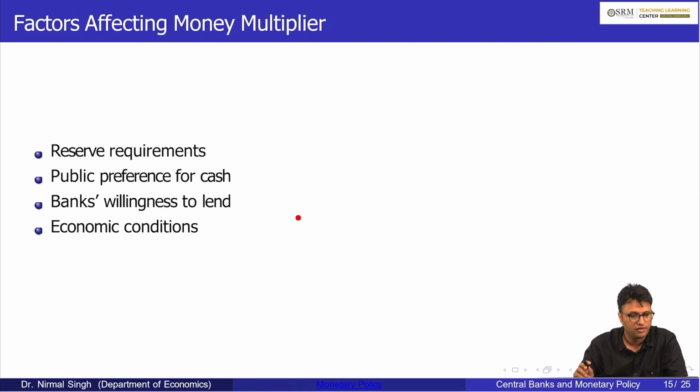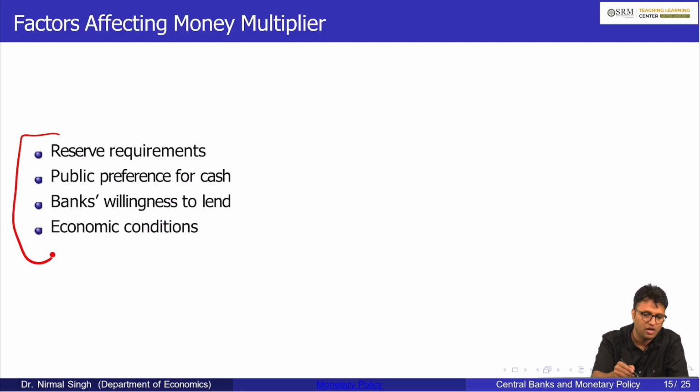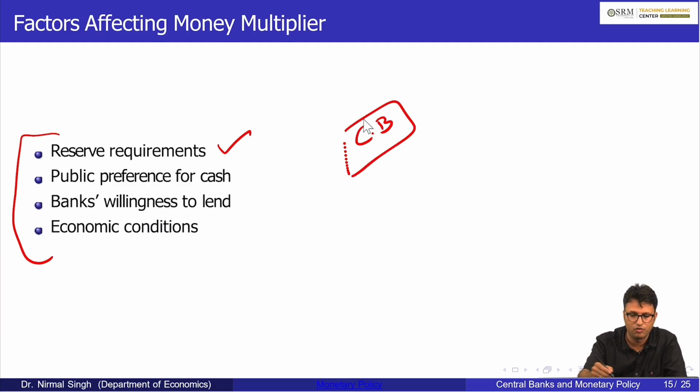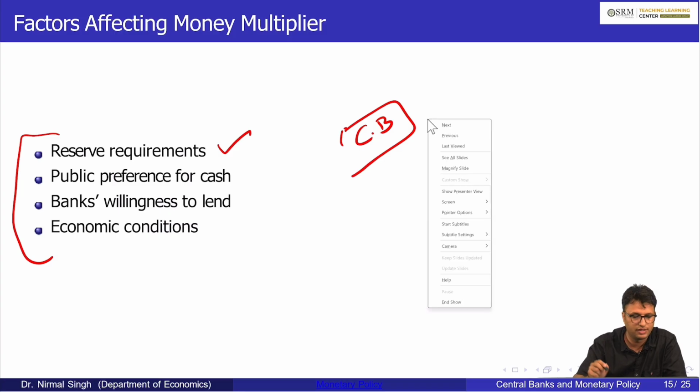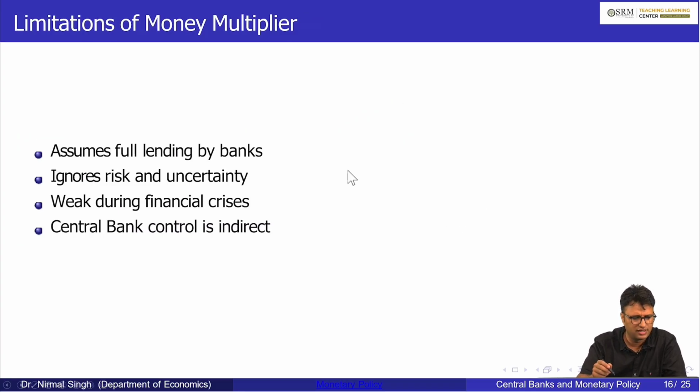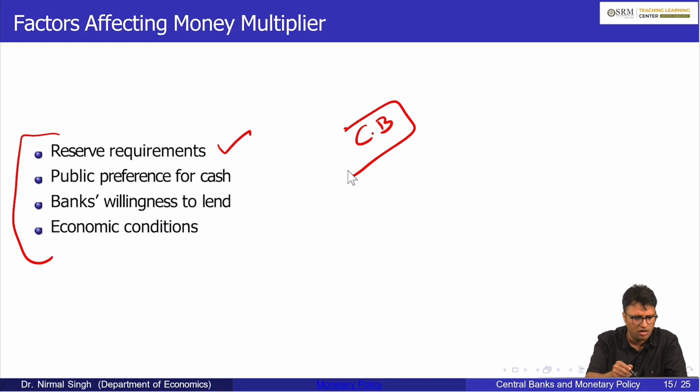So, factors affecting the money multiplier. What are the factors that will impact how much money supply will be there? There are 4 key factors. First, reserve requirements, how much reserves are required. The central banks control these things, how much money banks need to keep as a reserve with the central bank.